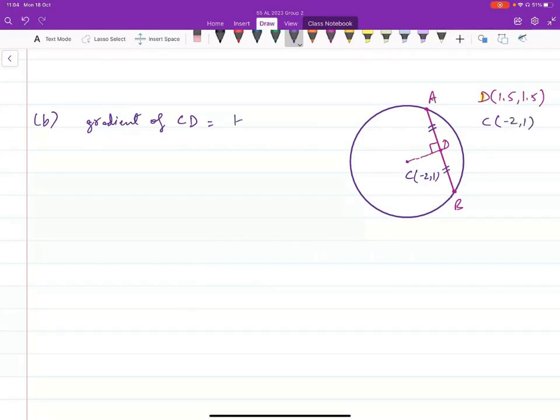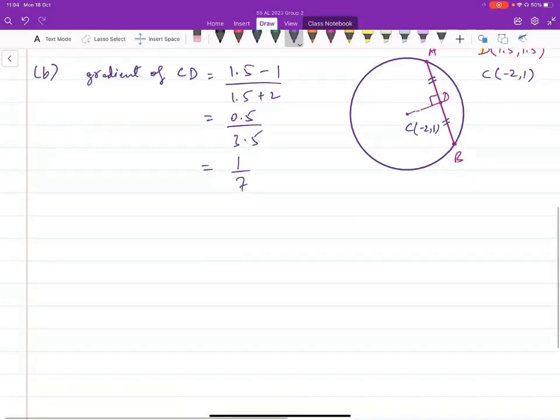That's 1.5 minus 1 divided by 1.5 minus -2, which is going to become +2. And that gives us 0.5 divided by 3.5, and that's 1 over 7. Gradient of CD is 1 over 7. That means the gradient of AB will be -7. That's the negative reciprocal of this. Okay? Gradient of AB आ गया.